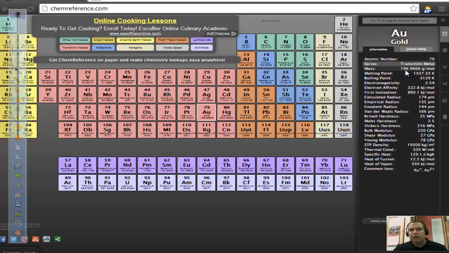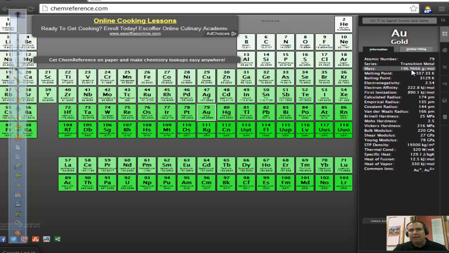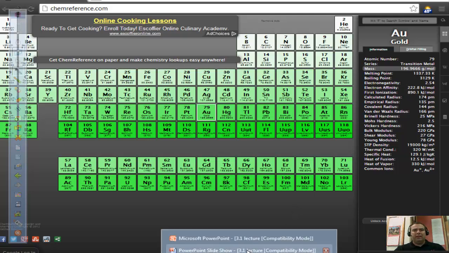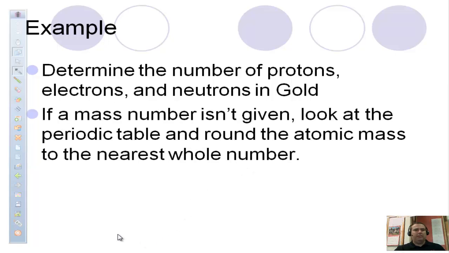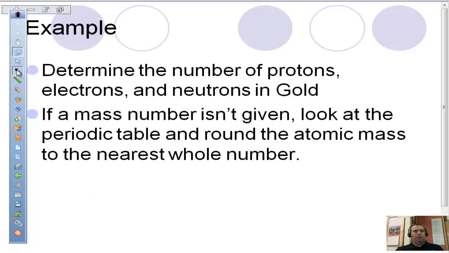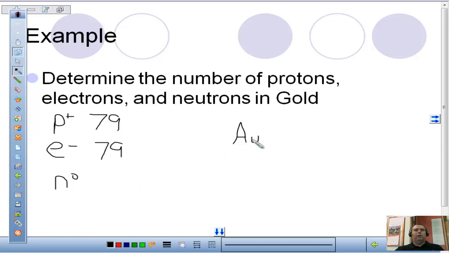When I look here, it says the mass is 196.96. So what we're saying is if a mass number isn't given, look at the periodic table and round the atomic mass to the nearest whole number.